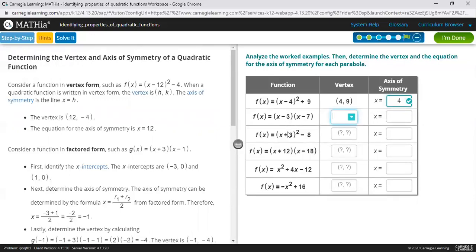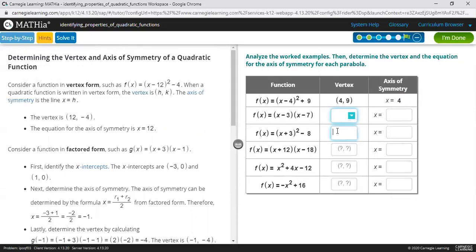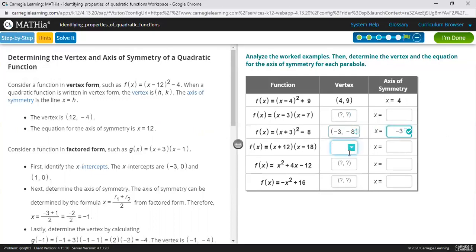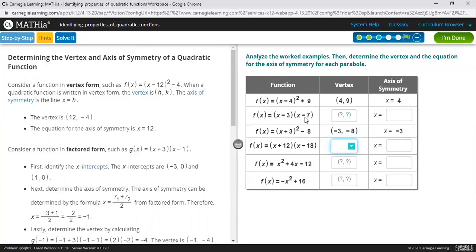So I'm going to go through and do that for the vertex form equations. So here, I know that that's going to be -3, -8. And therefore, my axis of symmetry is x equals -3. All right, and that is all of my vertex forms.